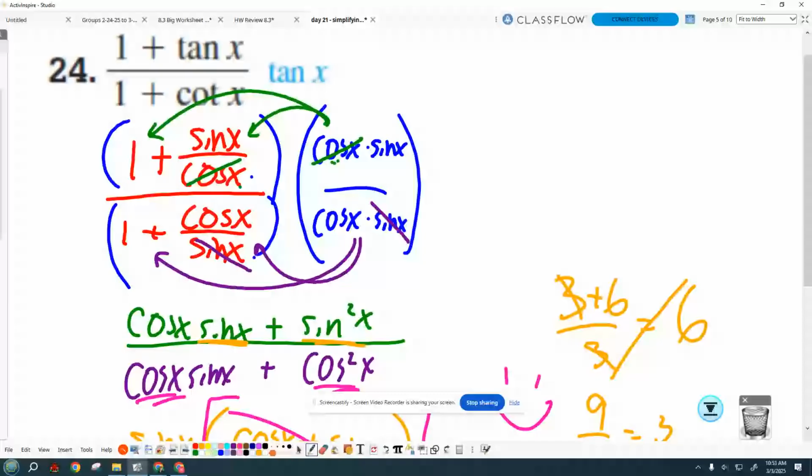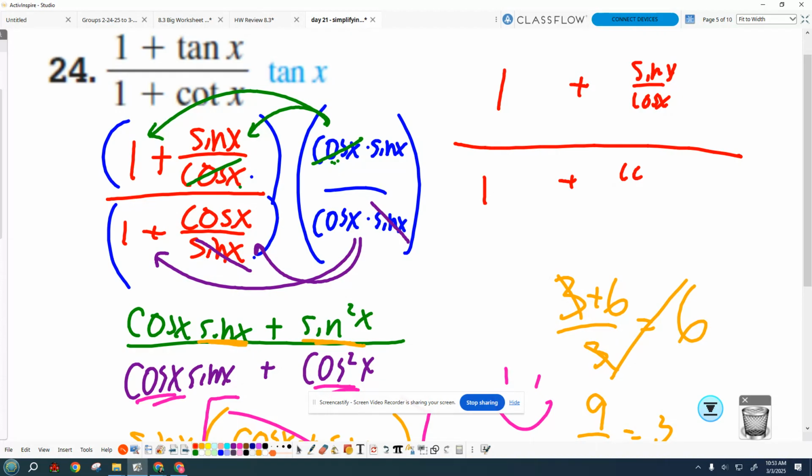So the stuff that's in red, it was 1 plus sine over cosine over 1 plus cosine over sine. Distributing this to everybody, it's technically over 1.